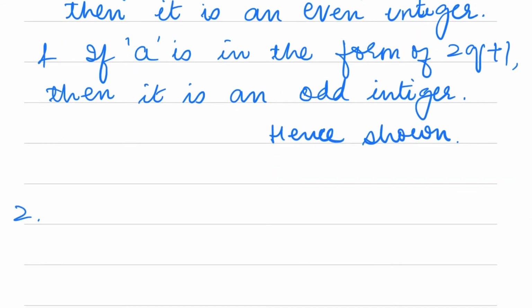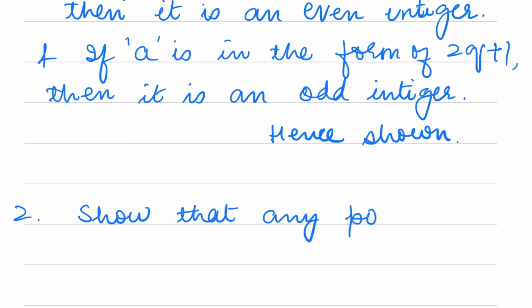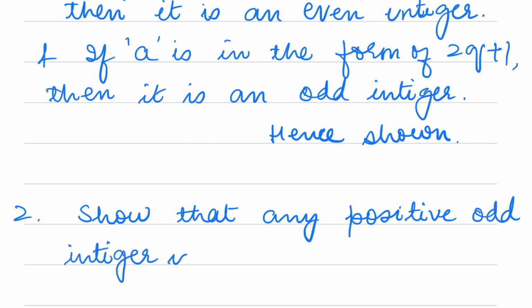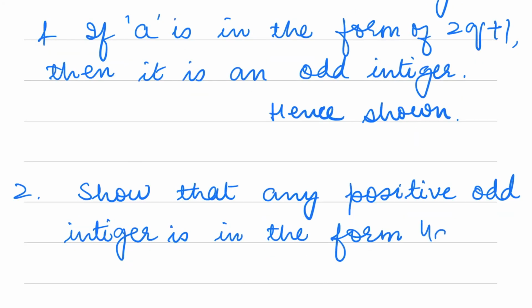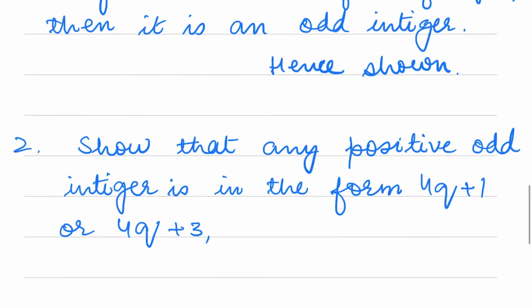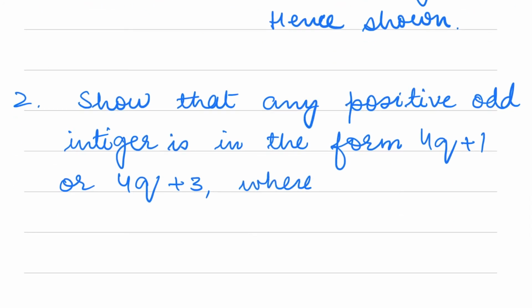Let's take another example. Show that any positive odd integer is in the form 4q plus 1 or 4q plus 3, where q is some integer.